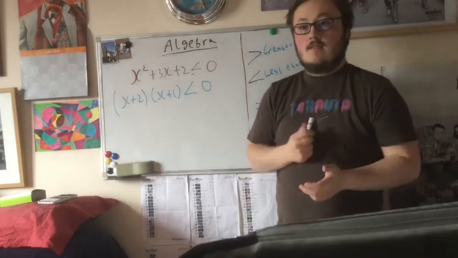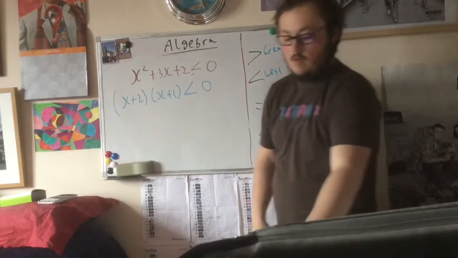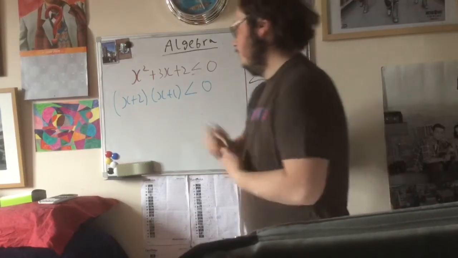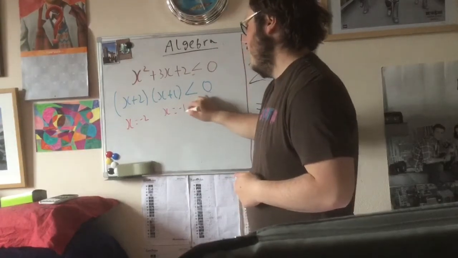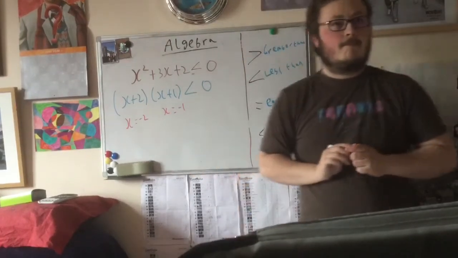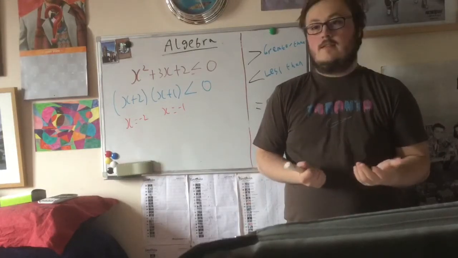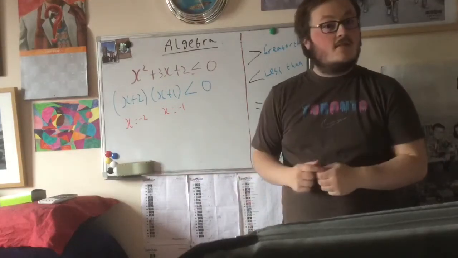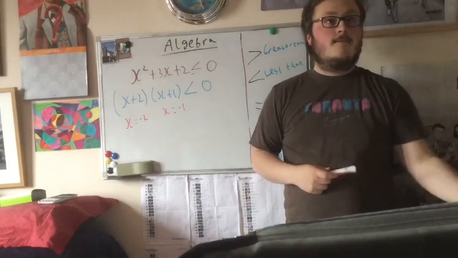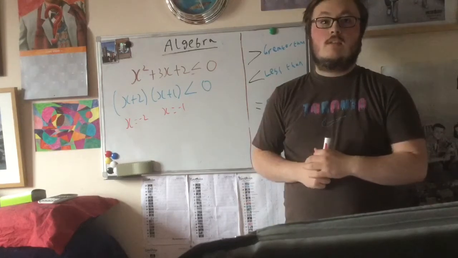Now from this, we know the solutions of x that are involved, which are -2 and -1. So how do we write the solution? How do we write our answer? Well, once we go past -2 to -3, -4, -5, we actually find values that are greater than 0.